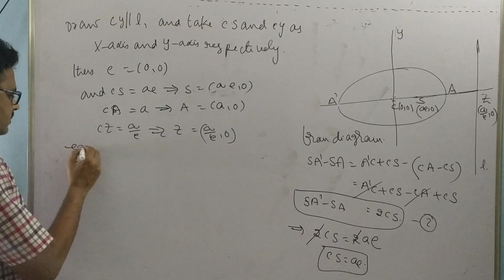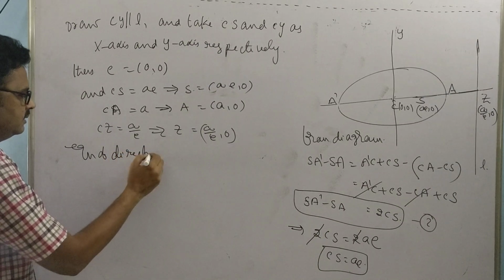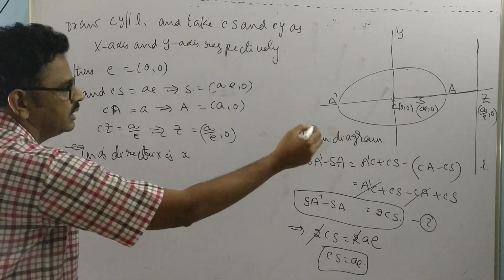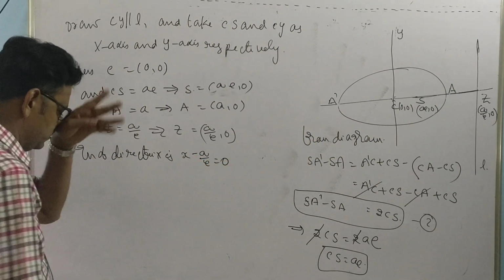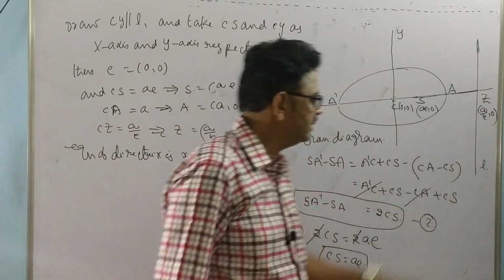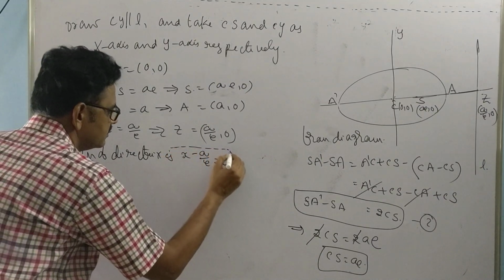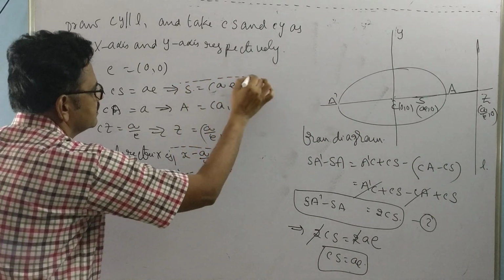Therefore the equation of the directrix is x equal to A by E, that is x minus A by E equal to 0. So we have the directrix, and also this is the focus.